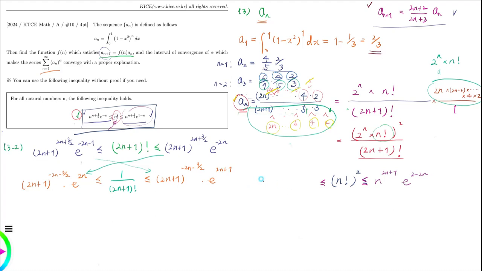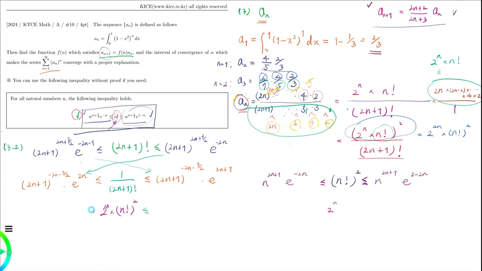Its lower bound will be n to the 2n plus 1 times e to the minus 2n. And if I multiply 2 to the 2n power on each side, then I will have 2 to the 2n times n factorial, each quantity squared.